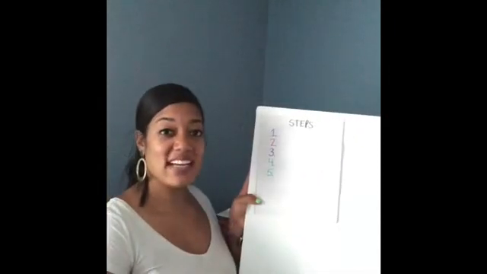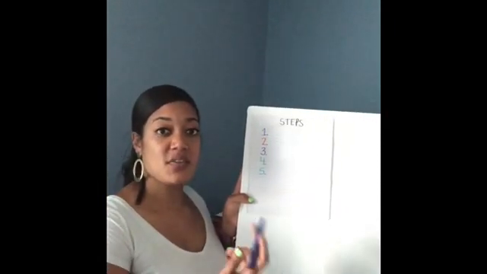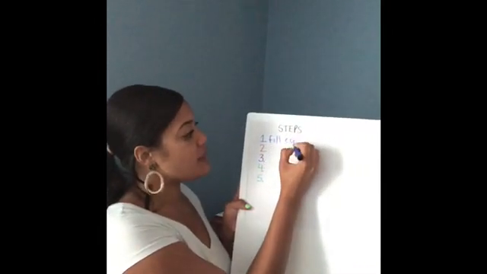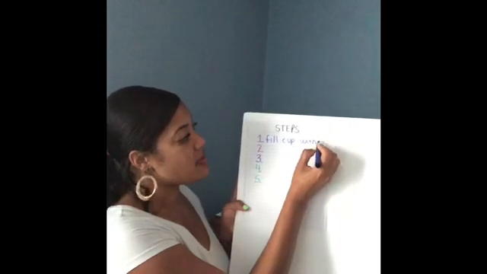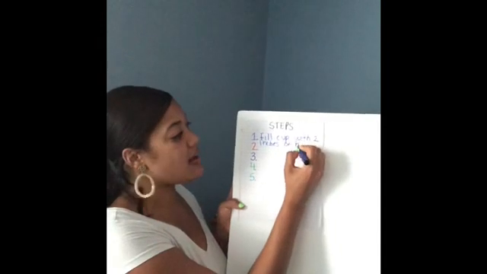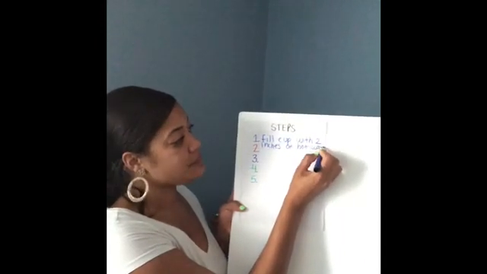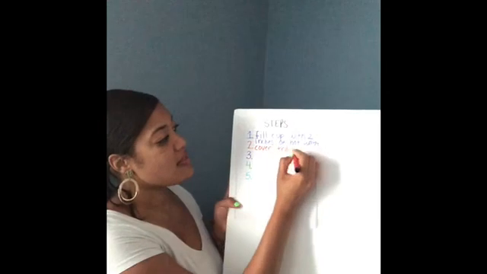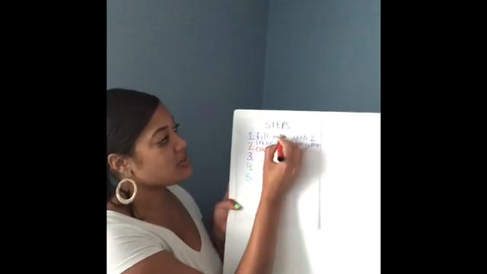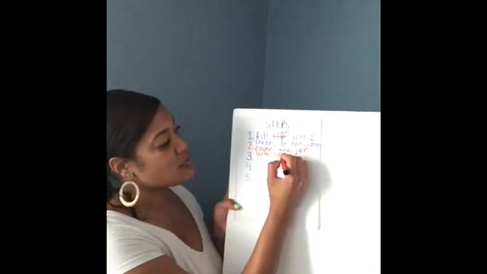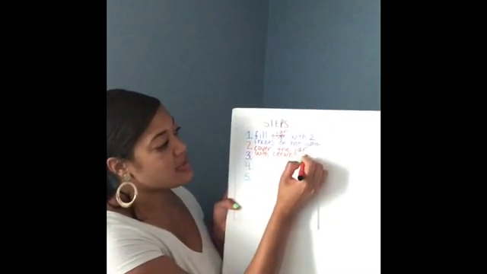The next step in the scientific method is to come up with the steps. So step number 1, we're going to fill the jar with 2 inches of hot water. Step number 2, we're going to cover the jar with a ceramic plate.